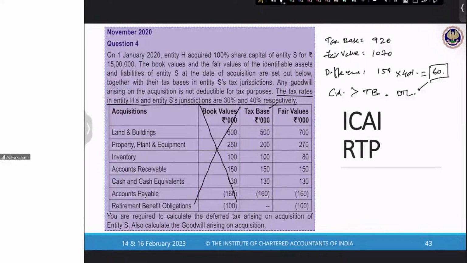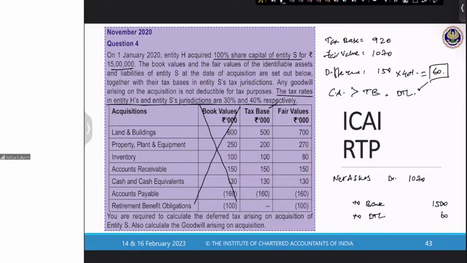So what is the journal entry that you will pass? Well, I am going to pass the entry: net assets debit 1070 to bank. You are acquiring 100% share capital for 1500. 1500 to deferred tax liability.